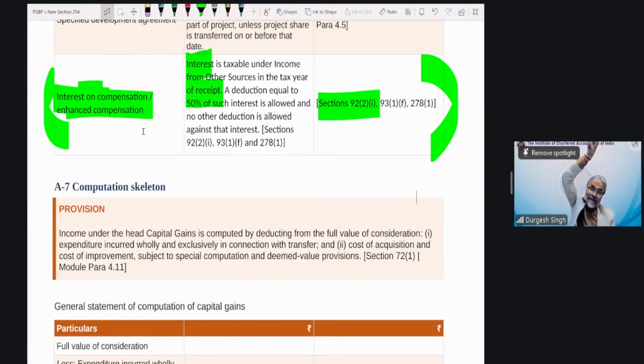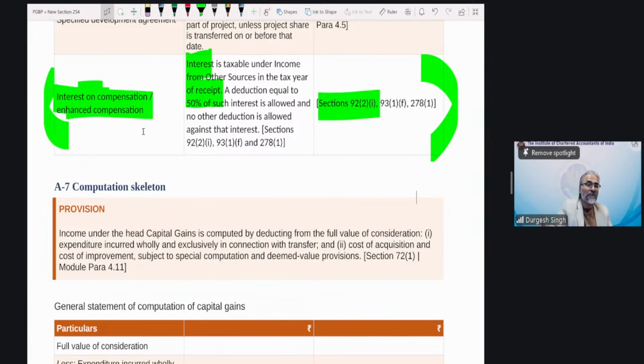Salary, there is a standard deduction: 50,000, 75,000. Is it a universal standard deduction? Yes. Anyone who earns salary, irrespective of the amount, gets this flat deduction. So it is for the entire head. What about house property? Standard deduction, universal, entire head?